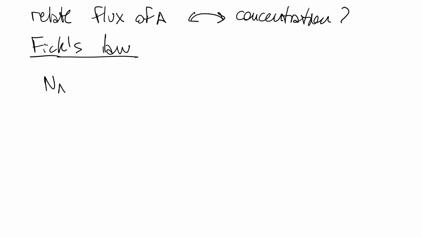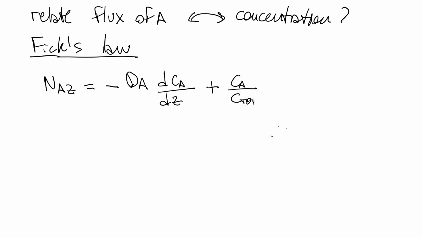So the most general way to write Fick's law is the following. We write the flux of A, for example, in the z direction is equal to negative DA, the diffusivity, times the gradient. Let's only consider the z direction here, so dCA dZ. And then this is not enough. We also have our CA divided by C total times NAZ plus NBZ.